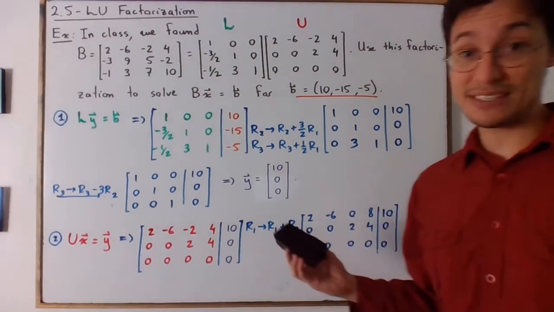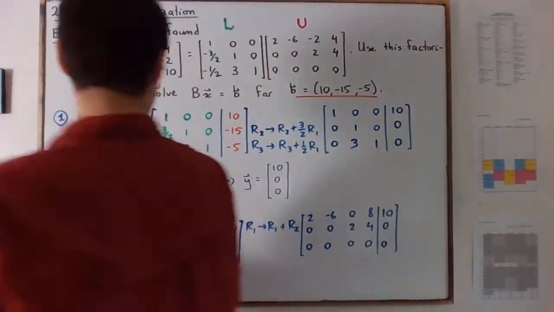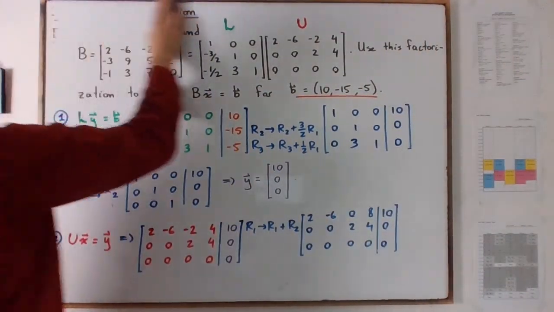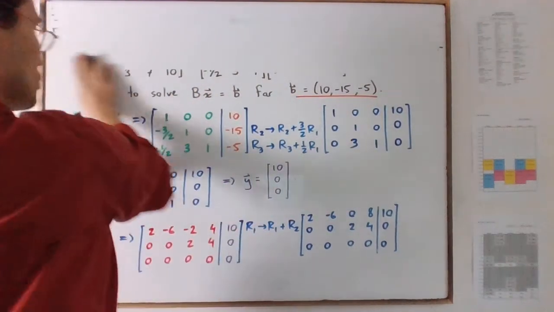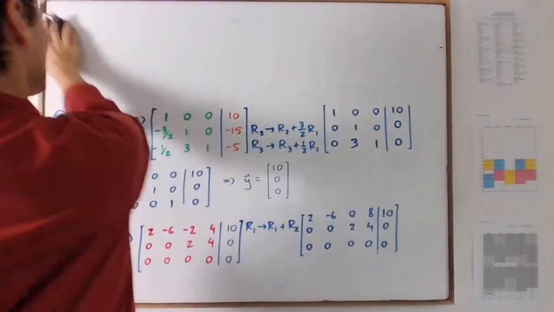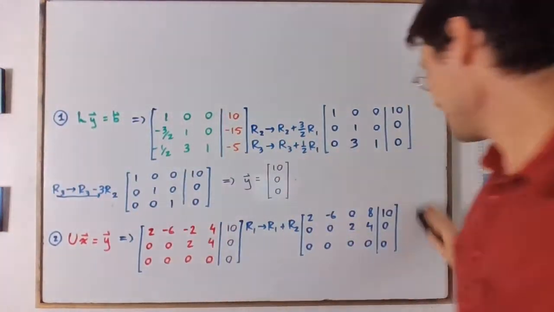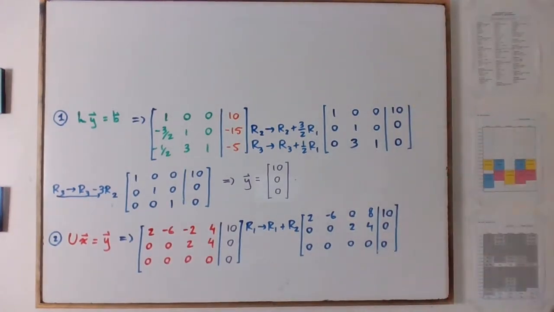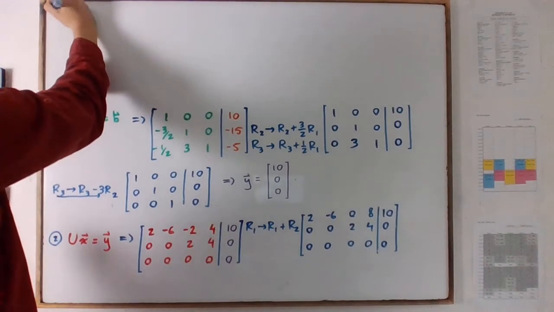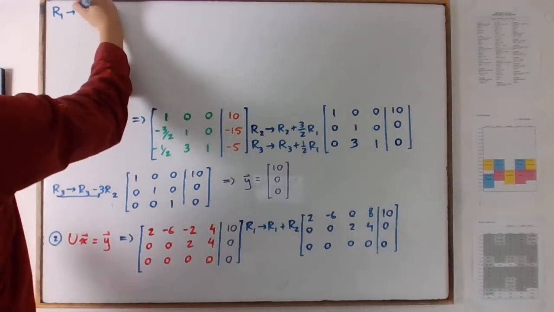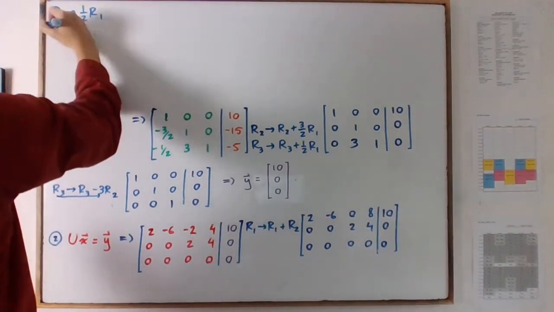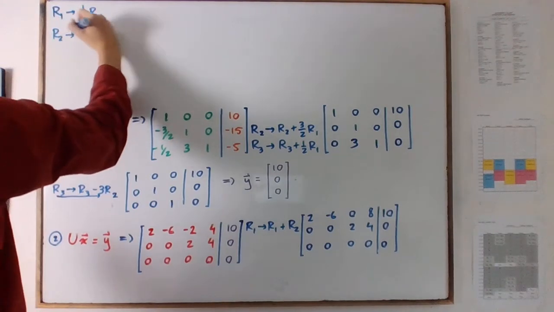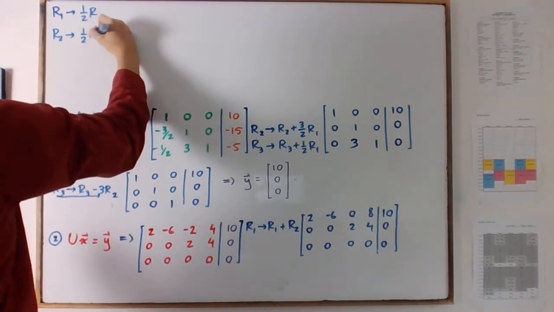So now I need to erase the top, the very, very top. And then we're continuing this, but the only thing we're really doing is row 1 is half of row 1, and row 2 is half of row 2.